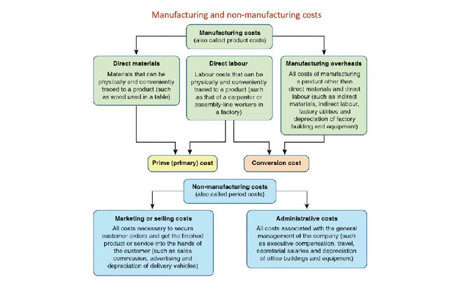When we look at this diagram, this is the manufacturing and non-manufacturing cost. First, manufacturing cost, which we also call product cost. You will remember when we introduced you to cost accounting. Manufacturing cost consists of direct material, direct labor, and manufacturing overheads.